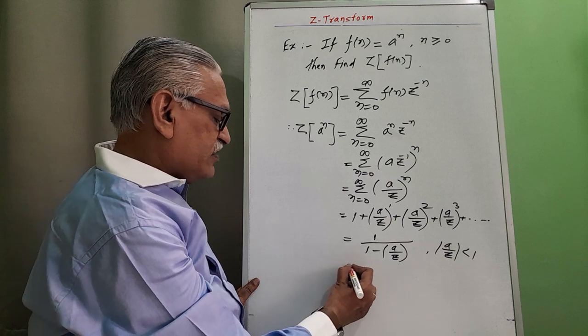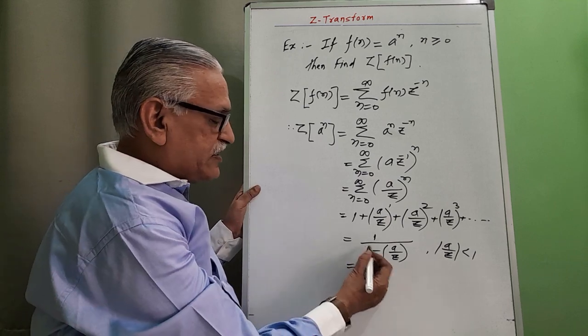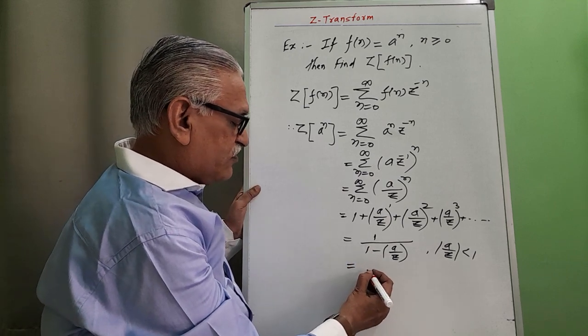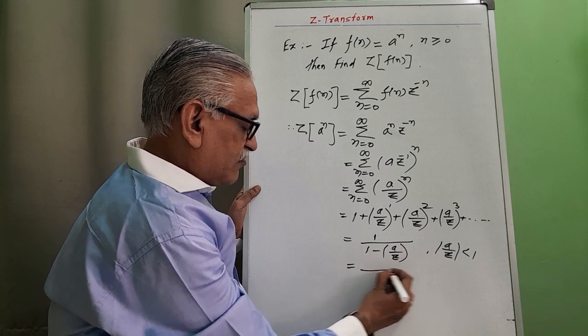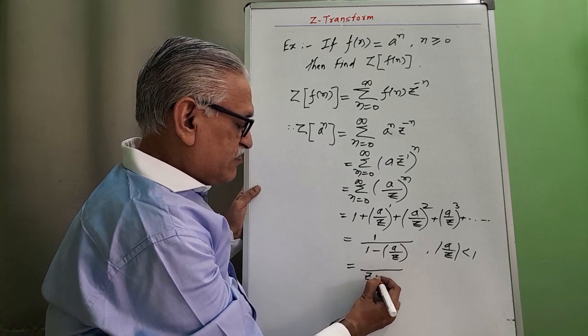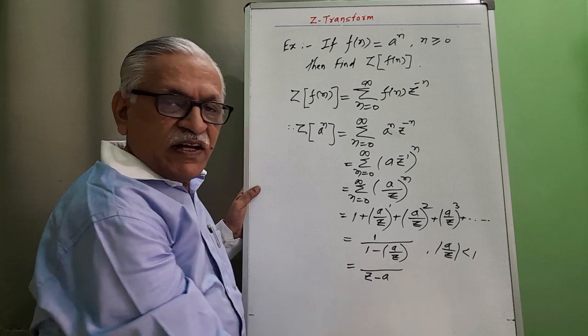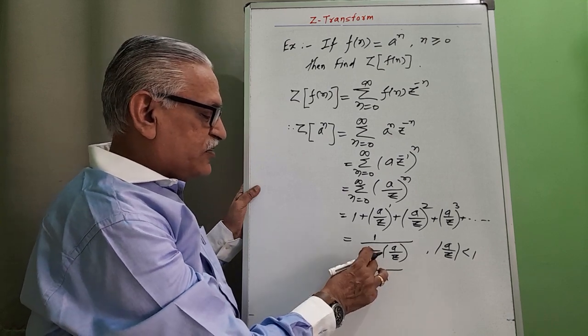Then cross multiplying by z, we have z minus a divided by z, which we transfer to the numerator.